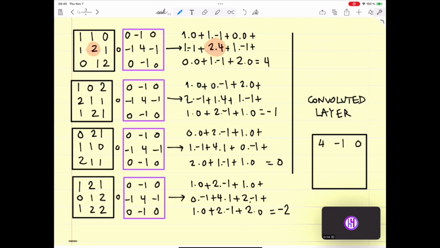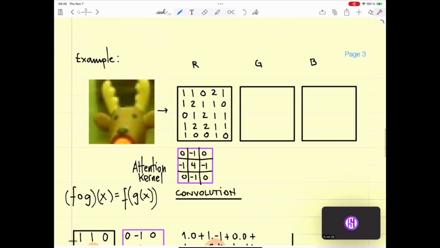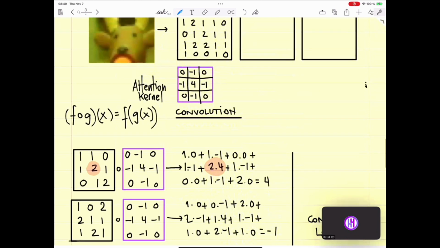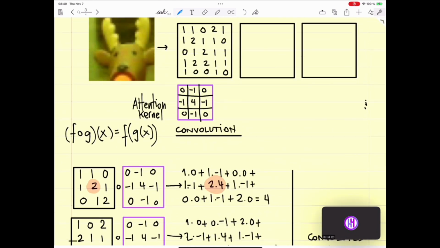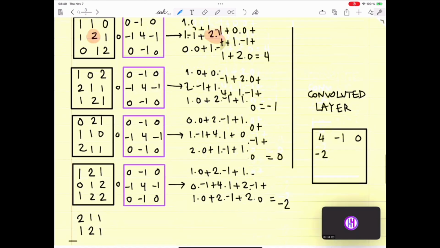So we have here minus 2. Straightforward math, okay? Let's continue. 2, 1, 1; 1, 2, 1; and 2, 2, 1.